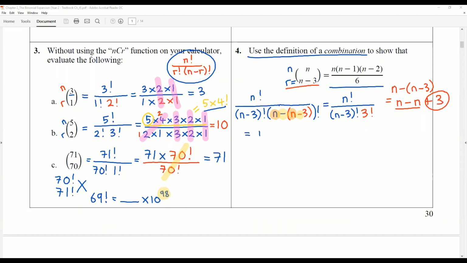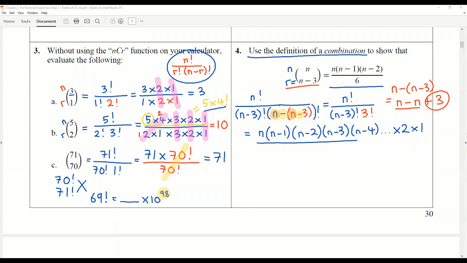N factorial, remember, is going to be n, and then we multiply it by all the preceding natural numbers. So there must be n minus 1 coming next, n minus 2, n minus 3. We don't know what n is, of course, like n minus 4, and so on, until we get to 1. That's what n factorial is.